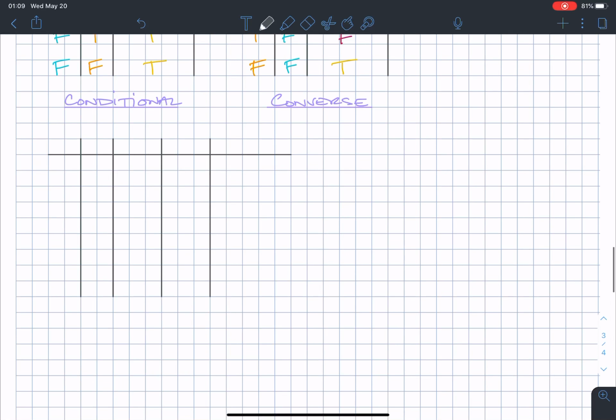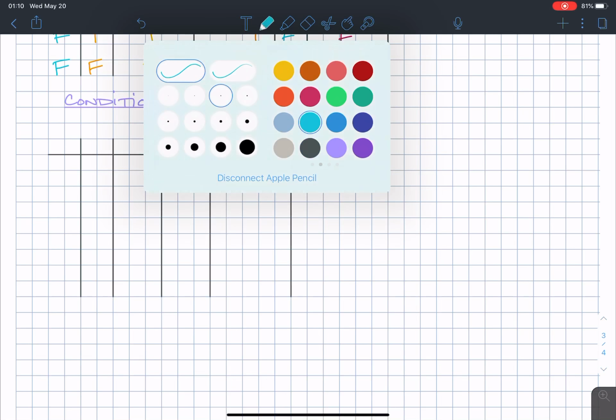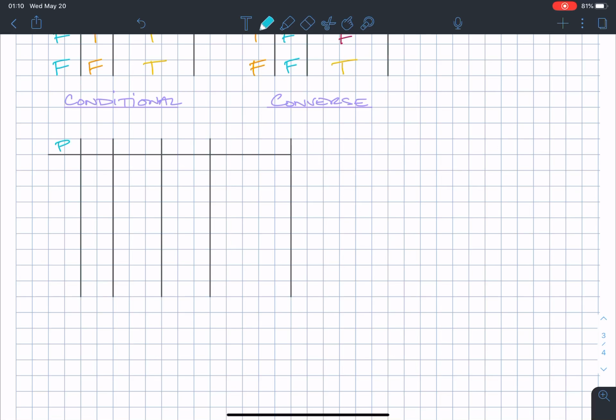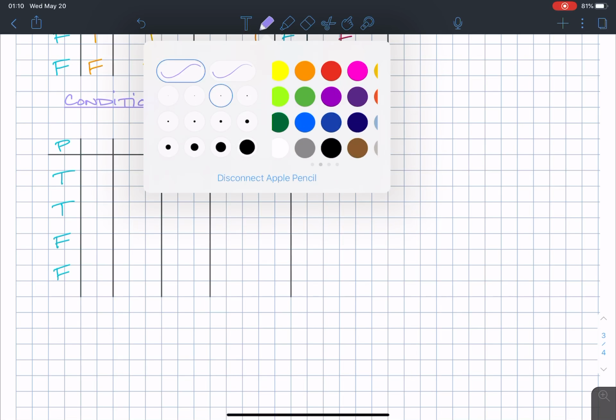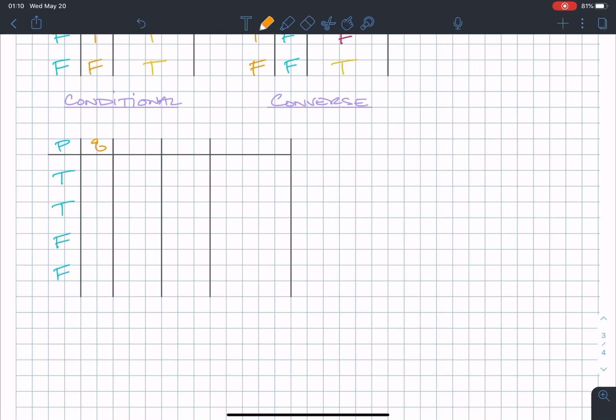Okay, so let's see what we have here. P is true, true, false, false. Q alternates, true, false, true, false.